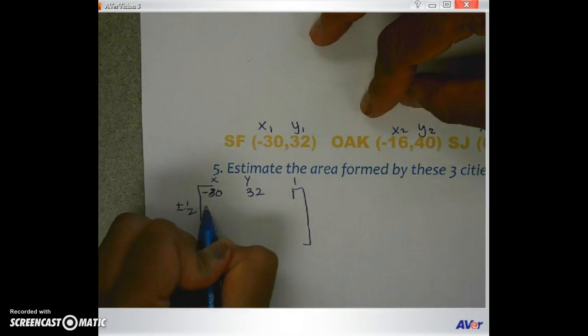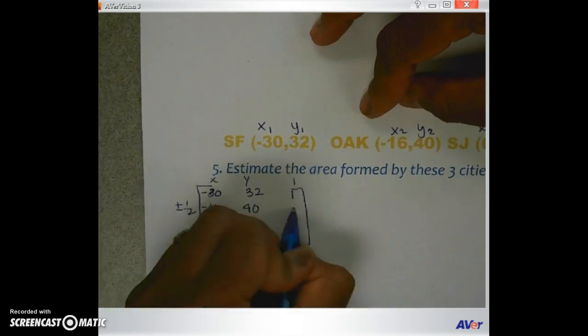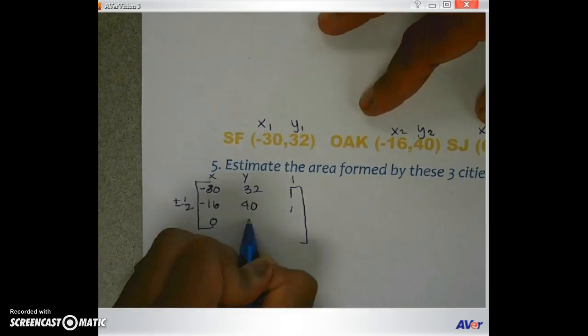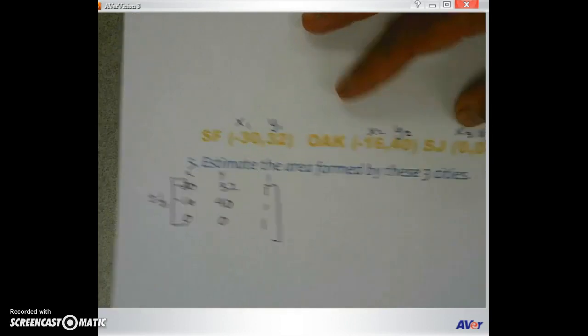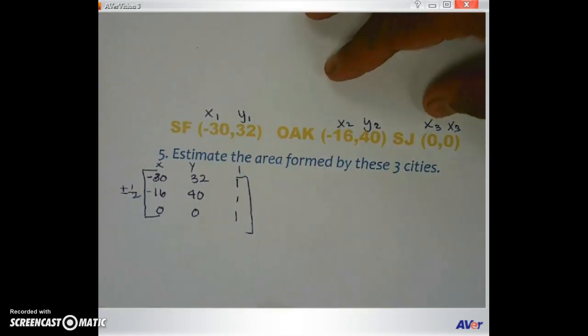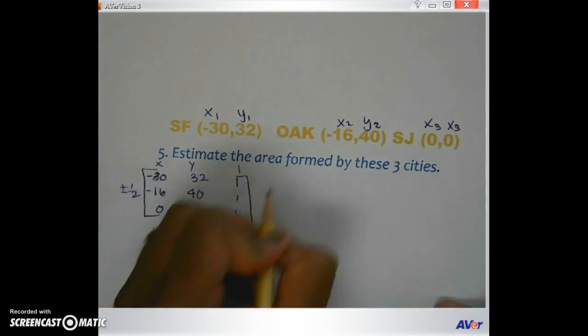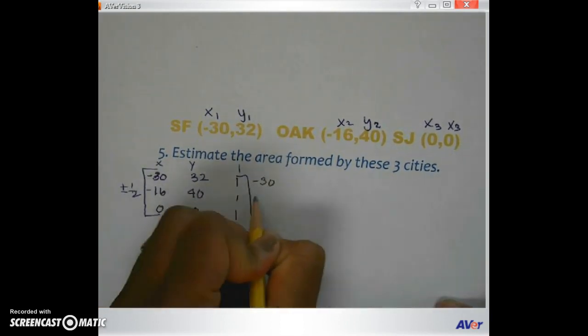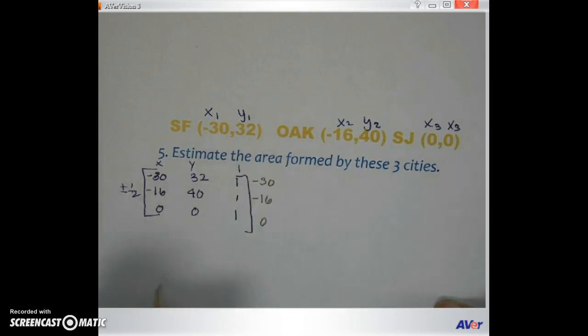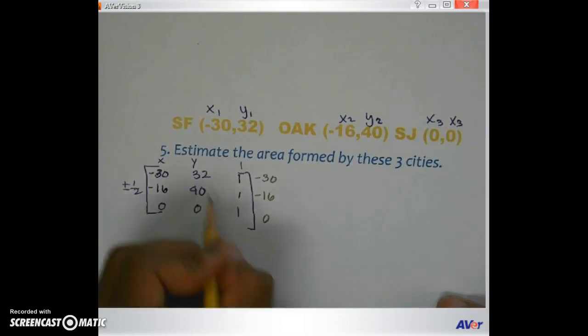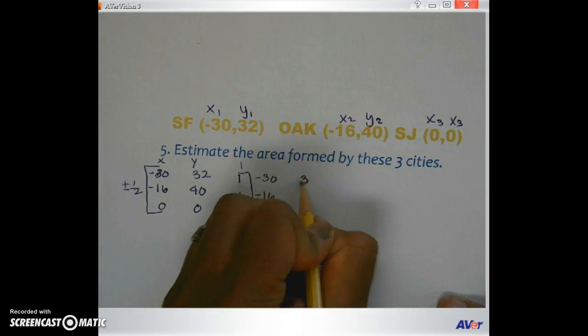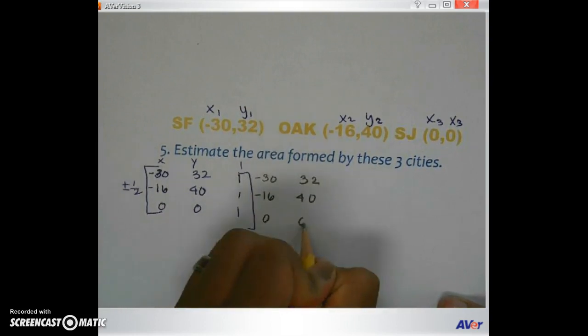And then my next point is negative 16, 40, then 1, and then San Jose, 0, 0, and 1. Okay, well, let's find the determinant as we did before. First thing I'm going to do is repeat this first column, so negative 30, negative 16, and 0. And then I'm going to repeat the second column, which was 32, 40, and 0.